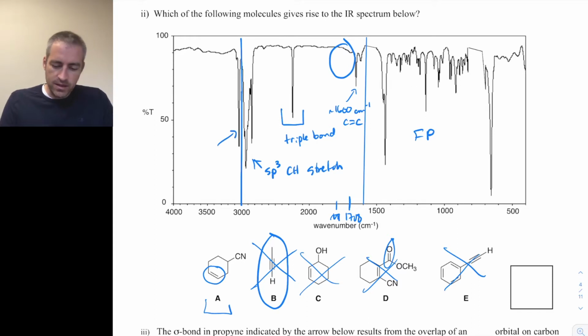And there's stuff to the left of 3000, which is sp2 CH stretch. And this molecule has sp2 carbons with hydrogens on them, and it's got a bunch of sp3 ones as well. So everything in this spectrum matches A. So I'm going to put A in our box here.